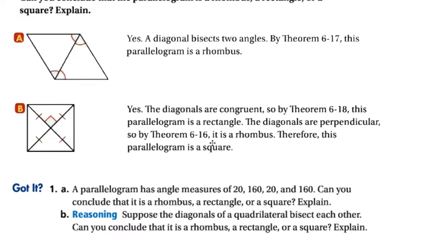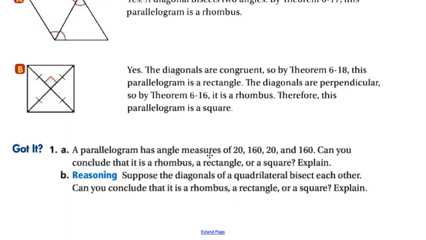So by theorem 618, that tells us the diagonals are congruent, and that gives us a rectangle. The diagonals are perpendicular, so we know it's a rhombus, and anything that's a rhombus and a rectangle is a square.